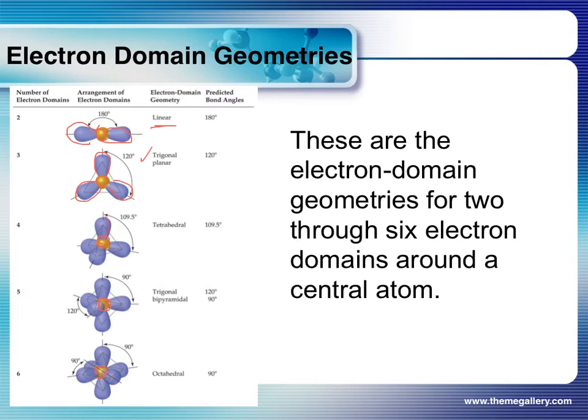If it has 4 electron domains around it, it's called tetrahedral. 5 electron domains is trigonal bipyramidal. And if there are 6 electron domains, it's called octahedral. I'm going to go through them one by one. As you can see, there are bond angles associated with every shape, and so ultimately you'll want to know those also.